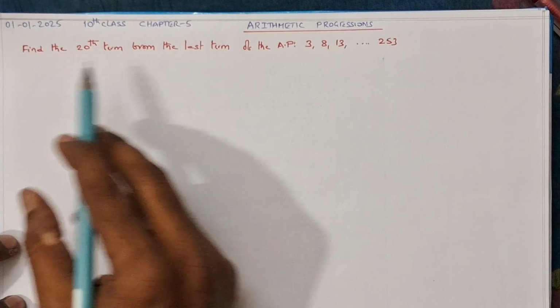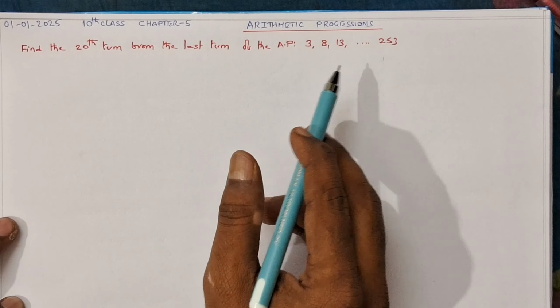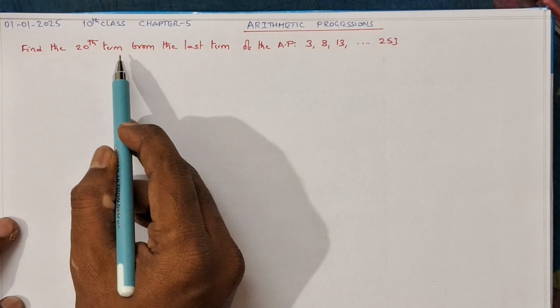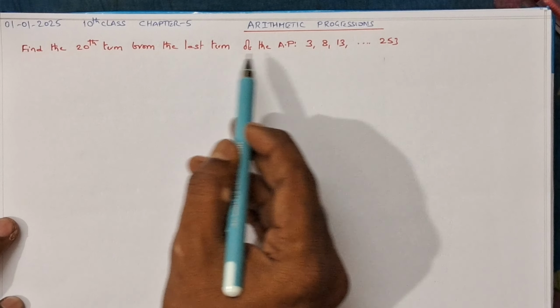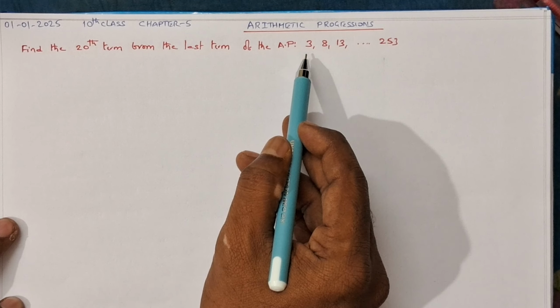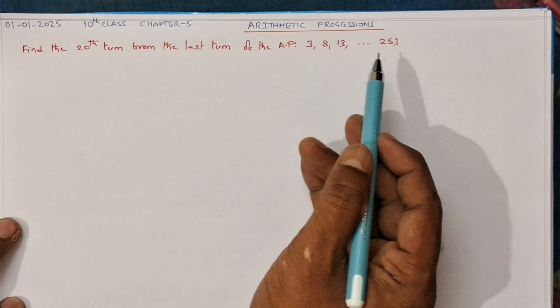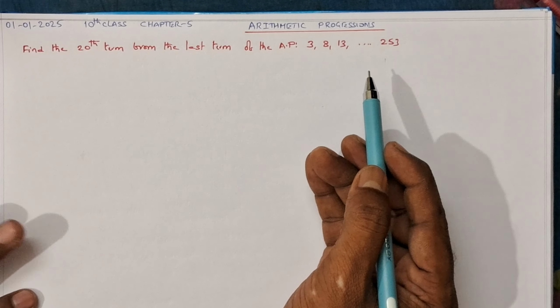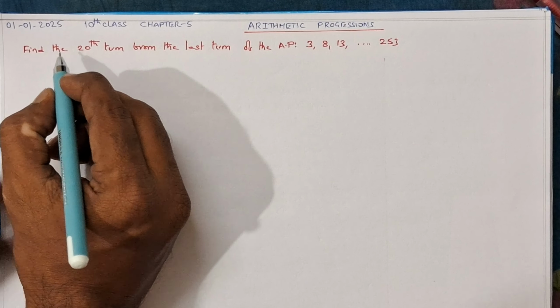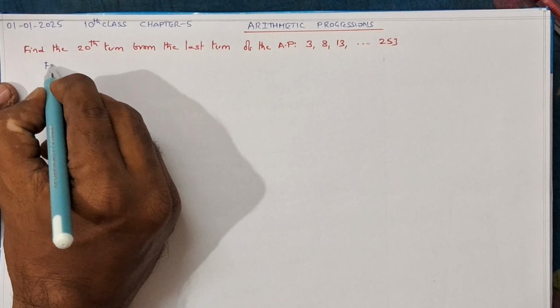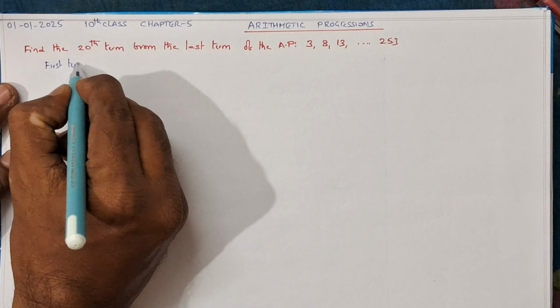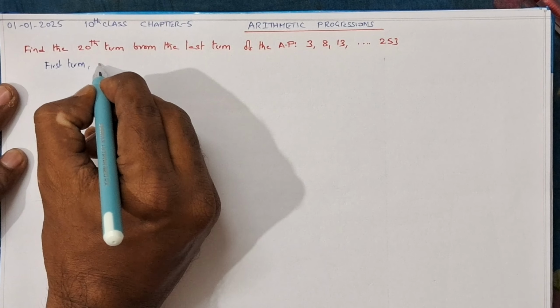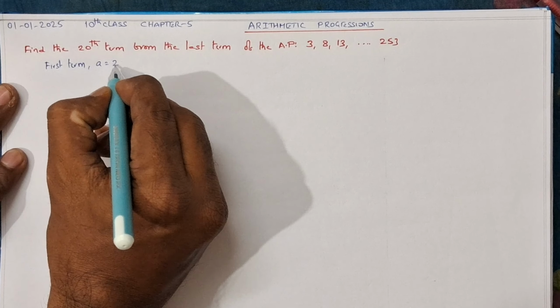These type of problems will often come in the competitive exams. Find the 20th term from the last term of the arithmetic progression 3, 8, 13 and so on up to 253. In this problem, first term is given, a is equal to 3.